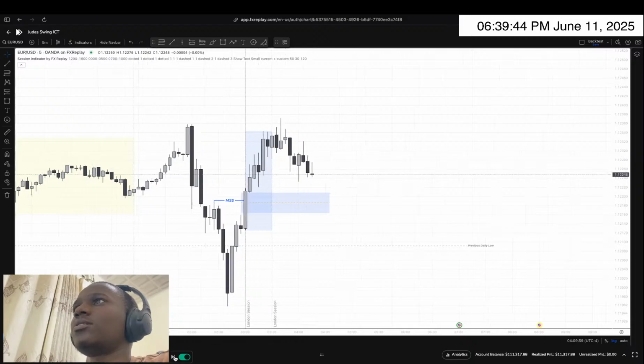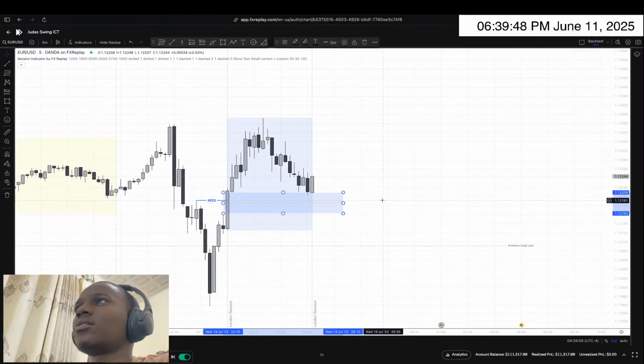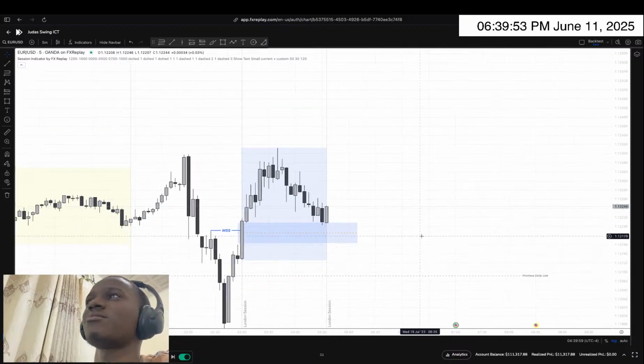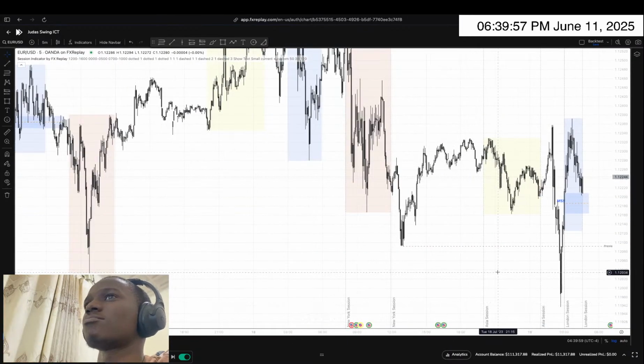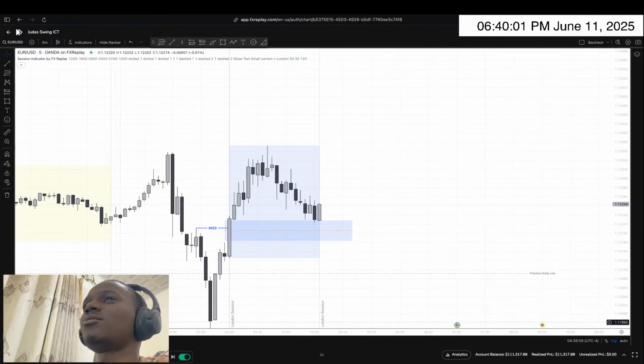We didn't get any retracement. We got a retracement later, which means this wouldn't be the silver bullet. If you enter this, that will be just because you found an entry, so that wouldn't be the silver bullet.